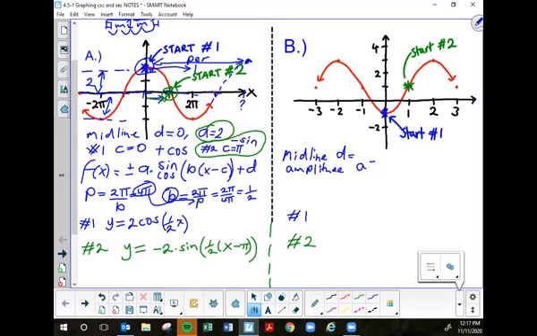That's going to give you your value for a. Then you'll have 2 starts. And they will give you your value for c. And the pattern that you're starting on will tell you if you're plus or minus cos or sine, okay? And then the final thing you have to work out is you've got to read off the graph what the period is. And if you know what the period is, then you can work out the value of b.